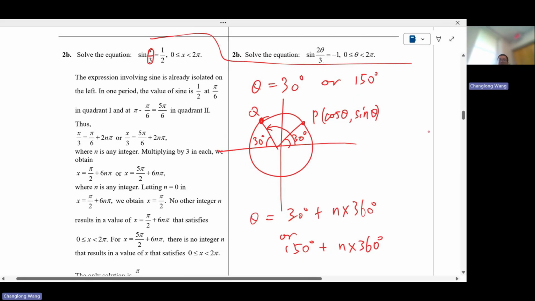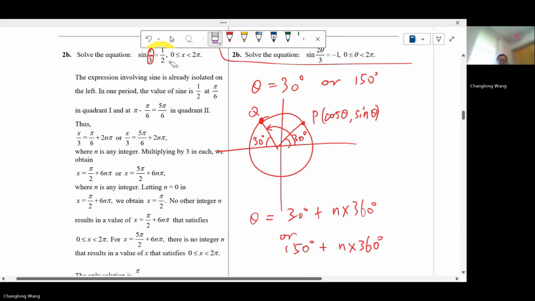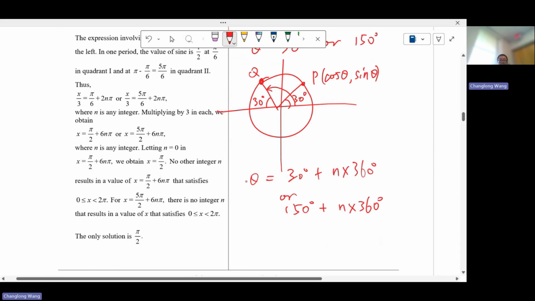But you might say, wait a second, I'm not solving for theta, right? I need to get x. Now, it turns out that x over 3 is theta. So how would you get x in terms of those degrees?